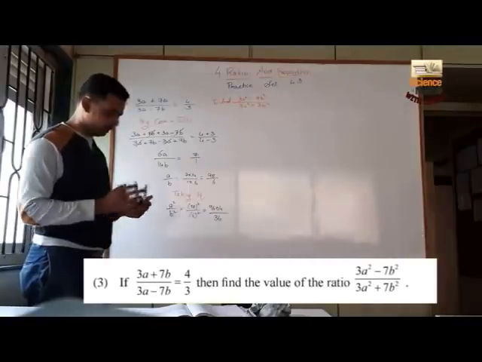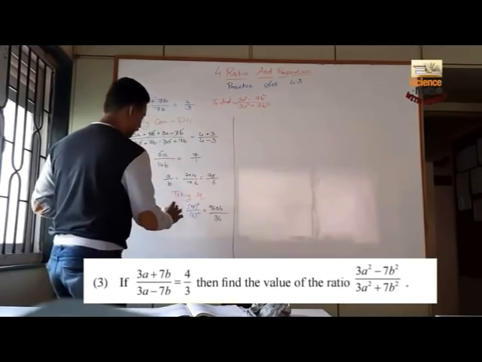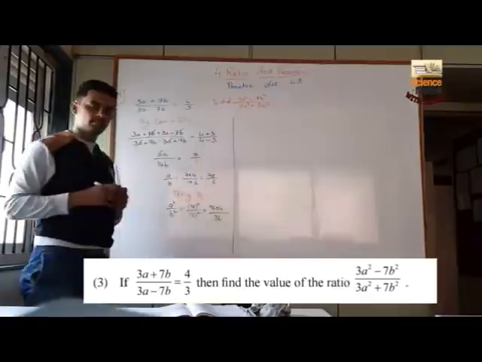Now let's see what we can do ahead with this. A upon b squared I already have. Now next numbers are 3 and 7.